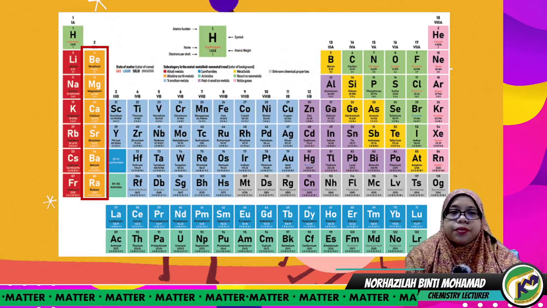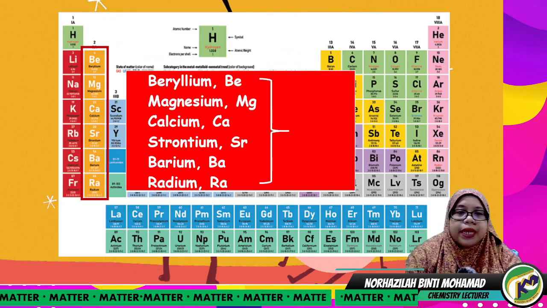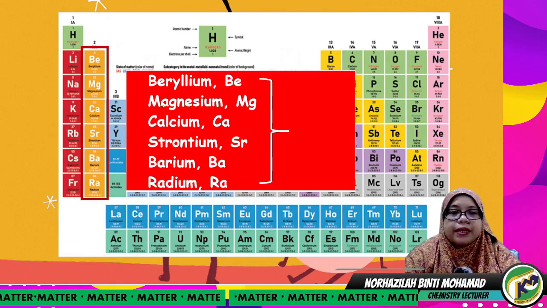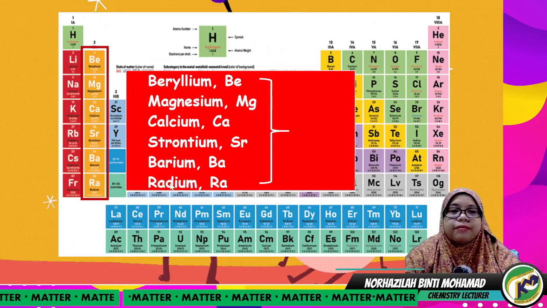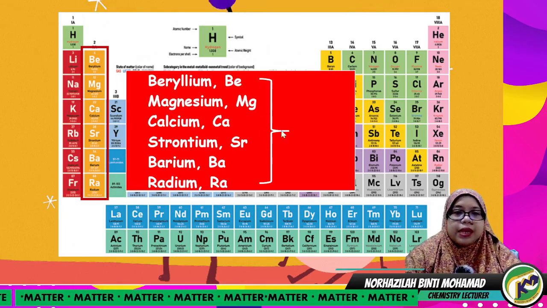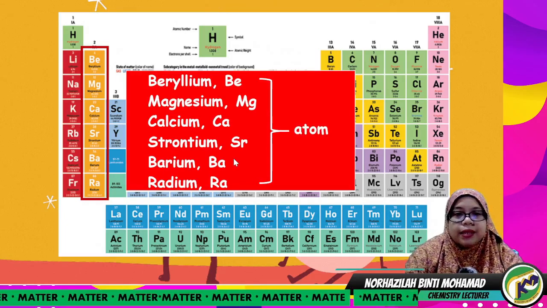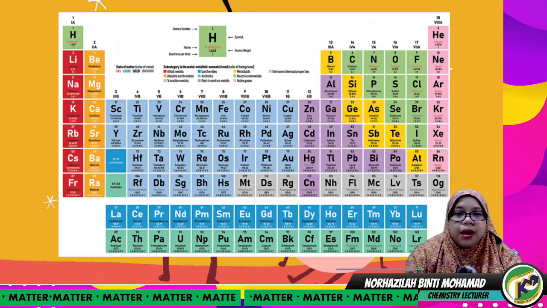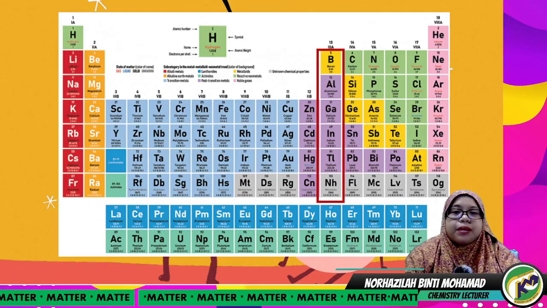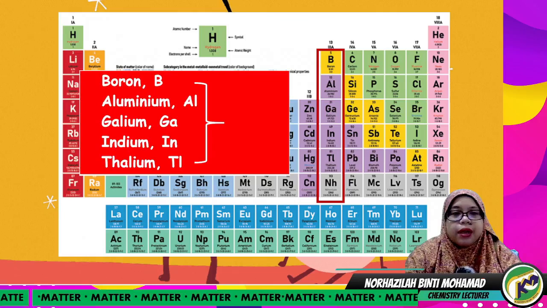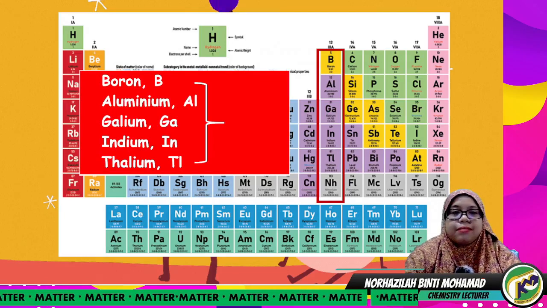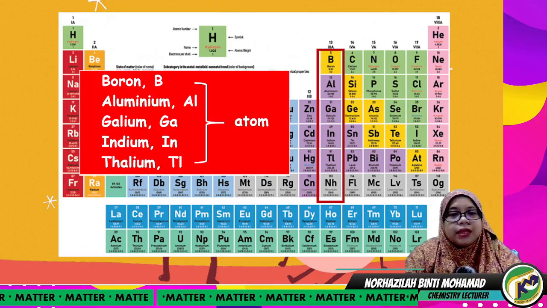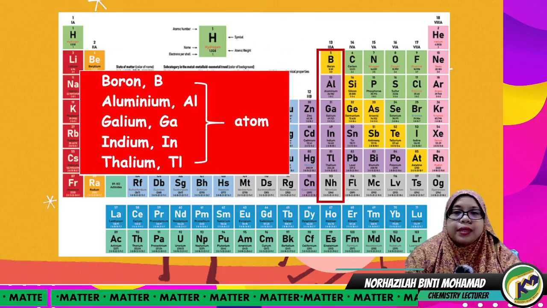How about group 2? We have beryllium, magnesium, calcium, strontium, barium and radium. All of these elements exist as atoms. How about group 13? We have boron, aluminium, gallium, indium and thallium. All of these exist as atoms.